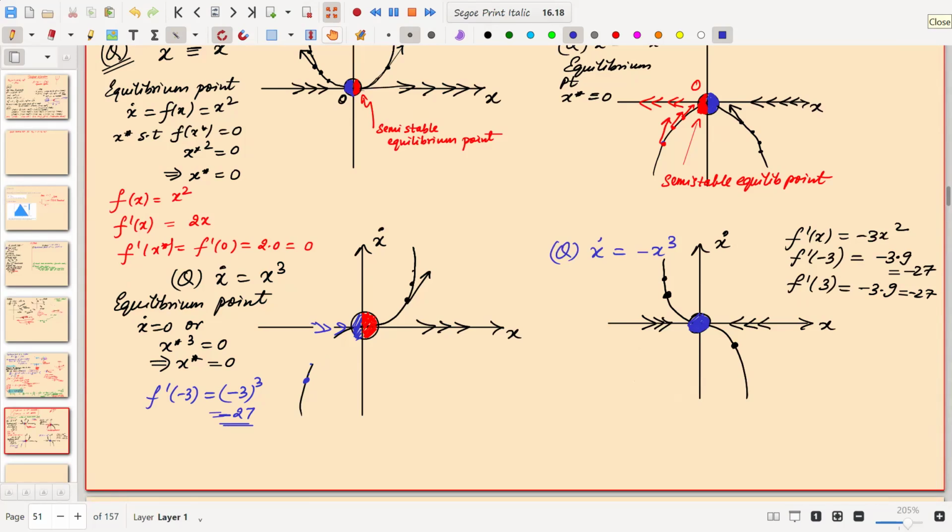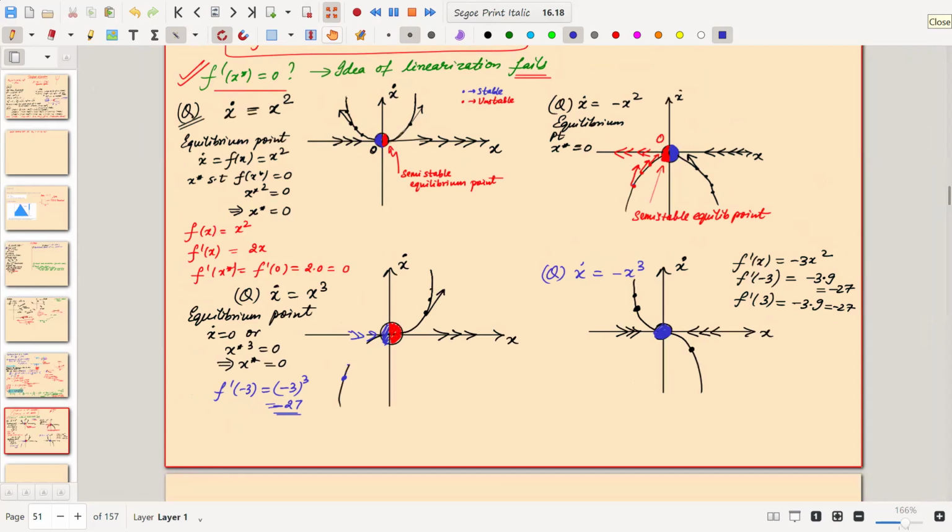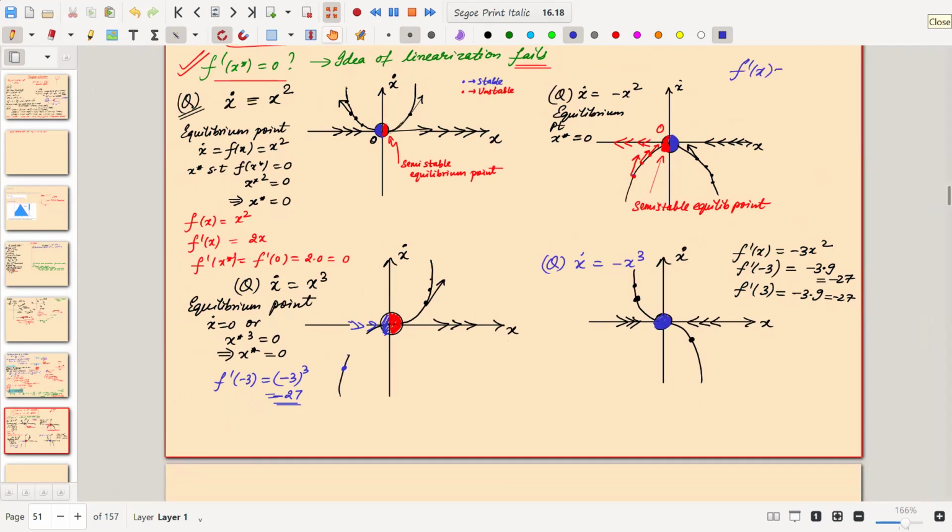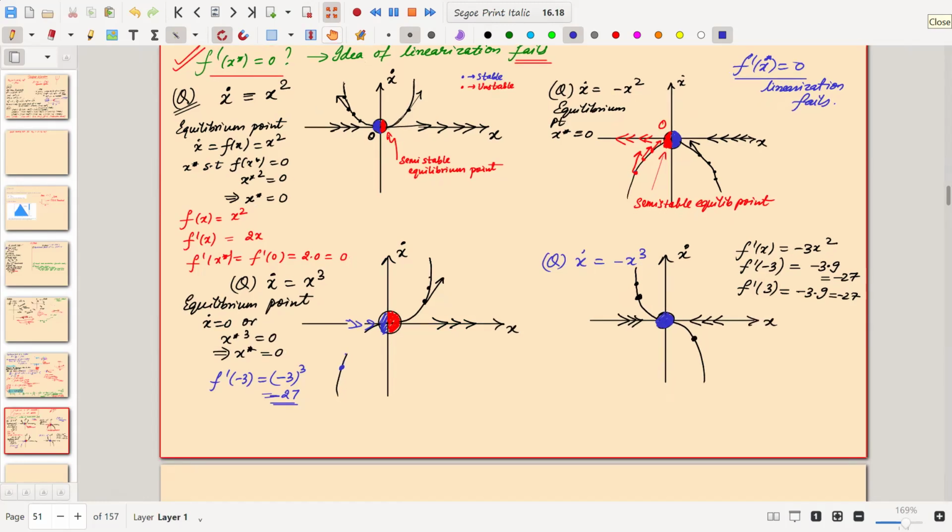Okay, very intuitive. So you can see all the cases here. In all the 4 cases, f prime x star is equal to 0, where linearization fails. And you can see that x dot equals minus x square and x square have semi-stable equilibrium points, whereas x dot equals x cube is also semi-stable, right?